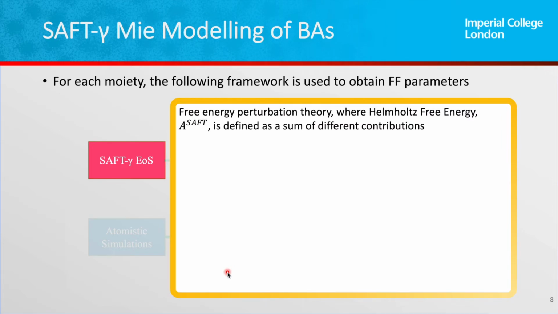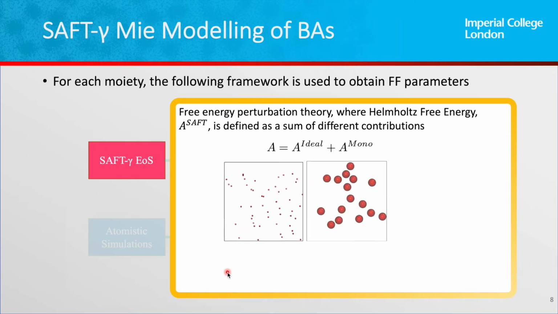So how can we use an equation of state to get intermolecular potential parameters? The way this works is that we have an equation of state where we have access to the free energy. Now, this equation of state is a molecular-based one, so it first assumes that every molecule in the system is composed of monomers, and these monomers are ideal gases. That's the first contribution.